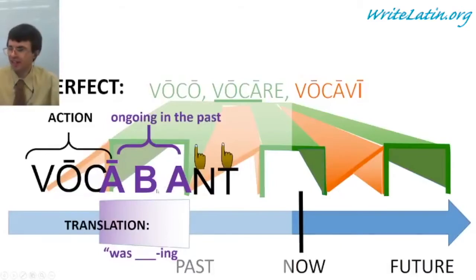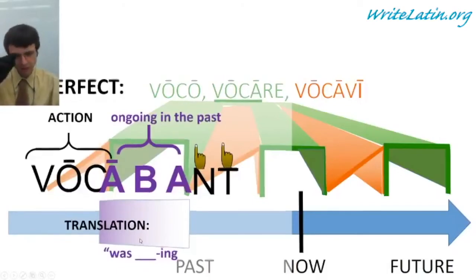Can you just even hear that when you say aba? Hear how long it takes you to say that? Well, that is how you know that it was ongoing. And it wasn't at just one point in time, but it was ongoing. So emphasize that A. Vocabant. And then last of all, the ending signifies they.